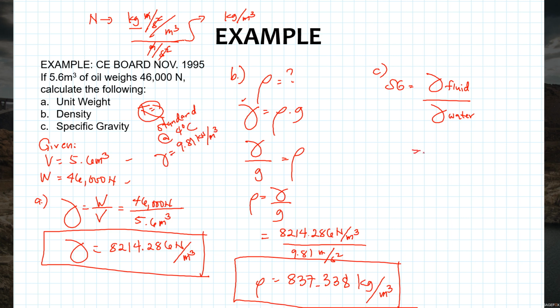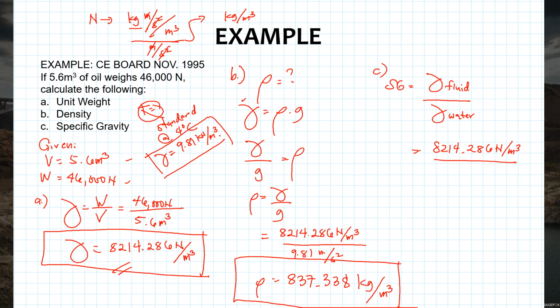Okay. So the unit weight of the fluid that we have determined here is 8214.286 Newton per cubic meter, while the unit weight of water is 9.81 kilonewton per cubic meter.